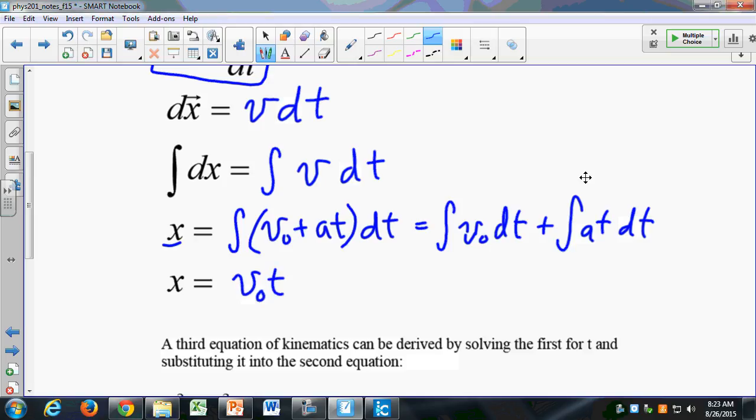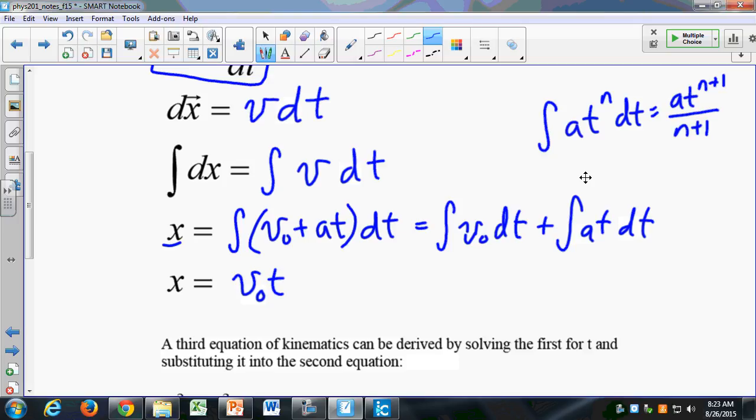What is the integral of at dt? Let me remind you how to do the integral. If we have the integral of a t to the n dt, it's going to be, shoot, what is it? A t to the n plus 1 divided by n plus 1. Isn't that right? I think it is.